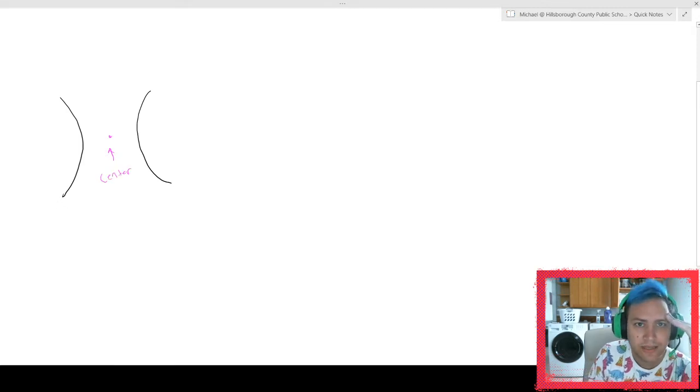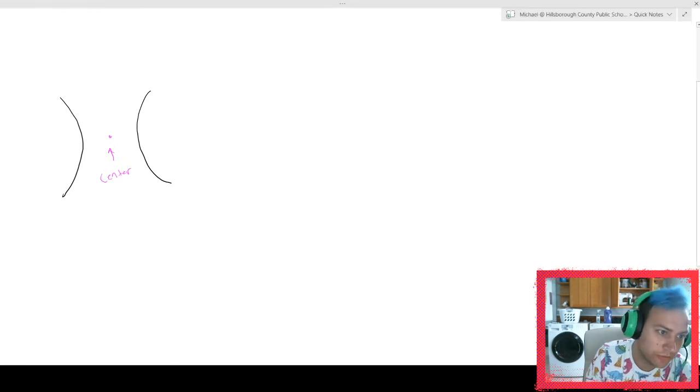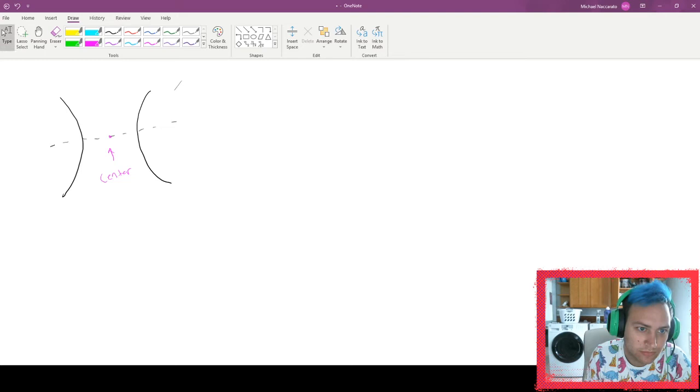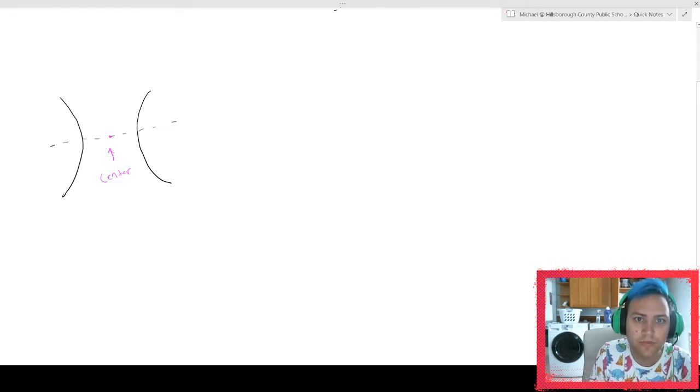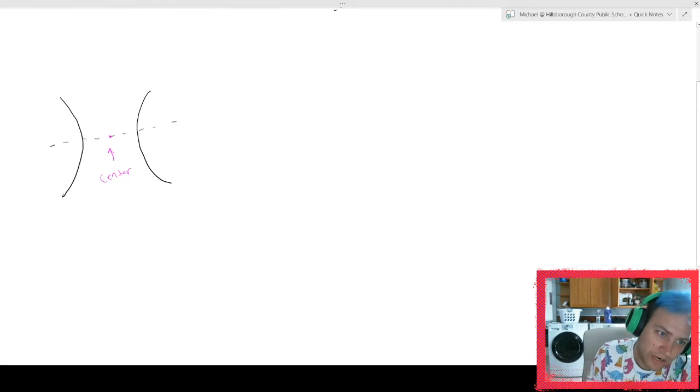When I connect through the center to my two foci, we're going to have this here. Not that one up top, disregard that one. So right here, you're going to have a focus here and a focus over here.